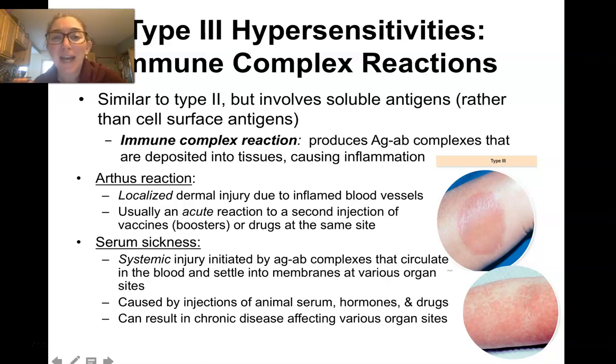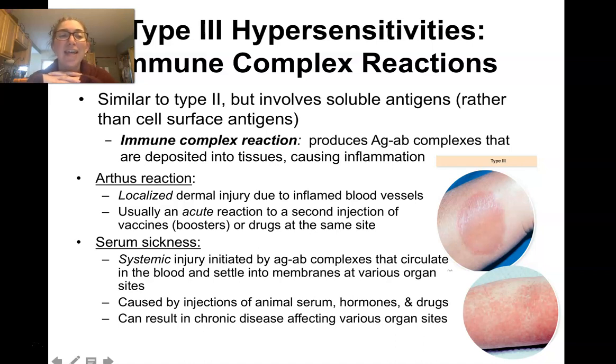All right, type 3 hypersensitivity is much less common. They're similar to type 2 in the sense that they're IgG mediated. So IgG antibodies are what cause them. What happens in type 3 is you get what's called an immune complex reaction.